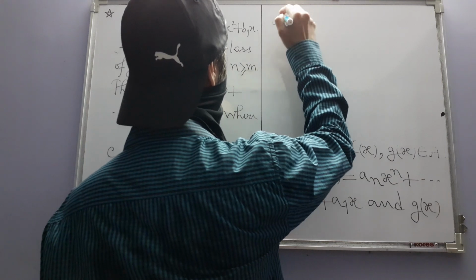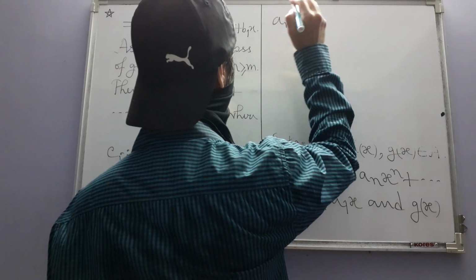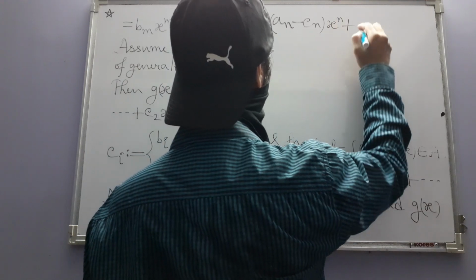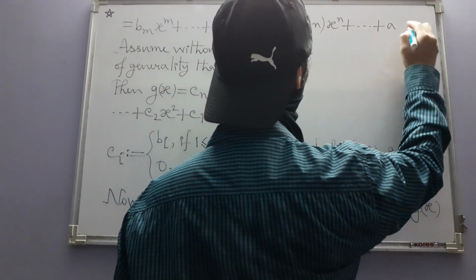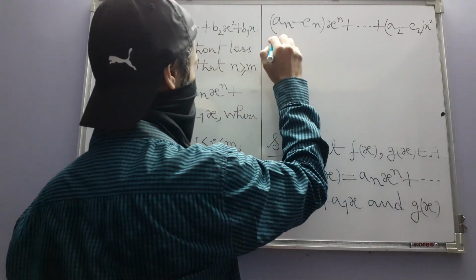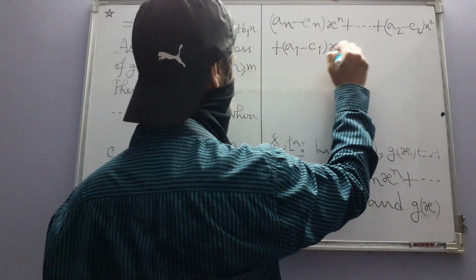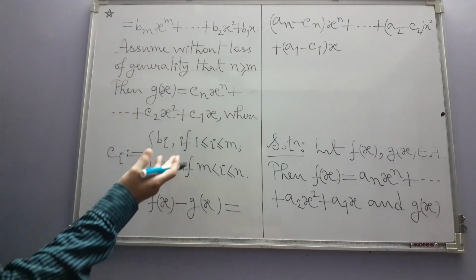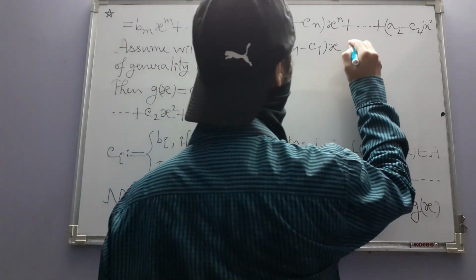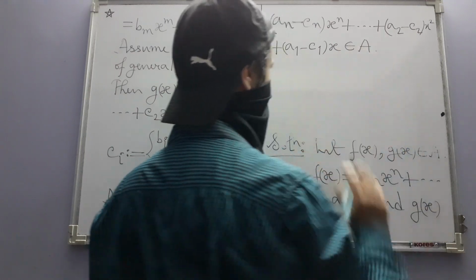So an minus cn, a2 minus c2 x square plus a1 minus c1 x, and clearly you can see that here also the constant term is absent, that means it's 0. So that's why it belongs to that set A.